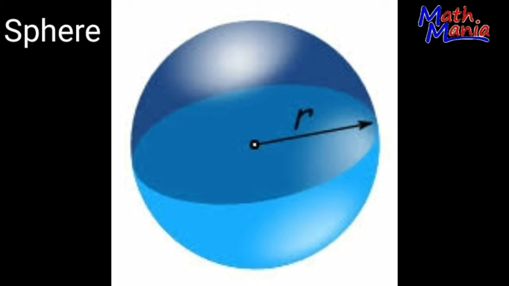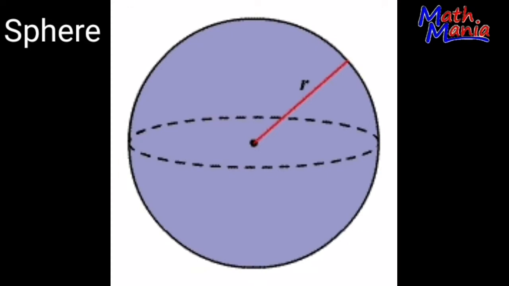Just see this object in this figure also. It is also clear where the center and radius are. As I told you, if the radius is known, you can find out everything about this sphere.